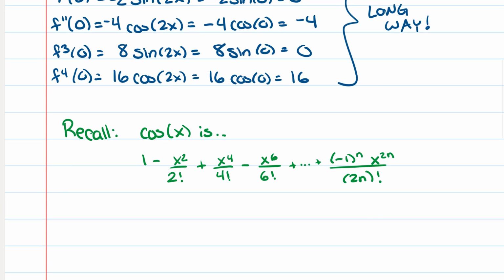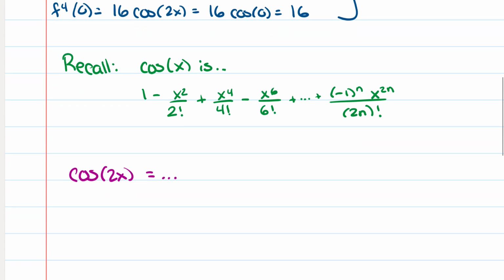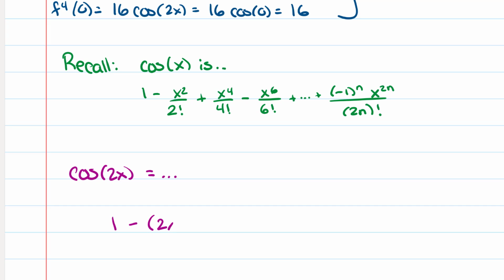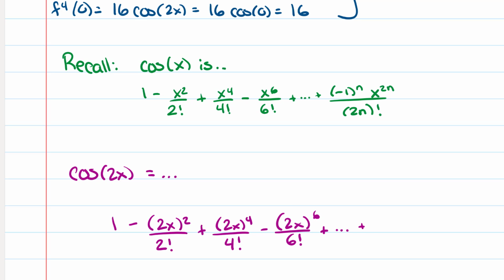So that means that cosine of 2x is going to be equal to 1 minus 2x squared over 2 factorial plus 2x to the fourth over 4 factorial minus 2x to the 6 over 6 factorial, plus negative 1 to the n, 2x to the 2n divided by 2n factorial. Basically, all we're doing is replacing the x's with 2x. And this only works when it's a composition of functions.